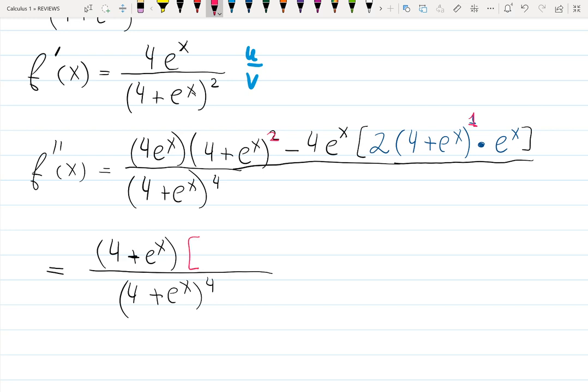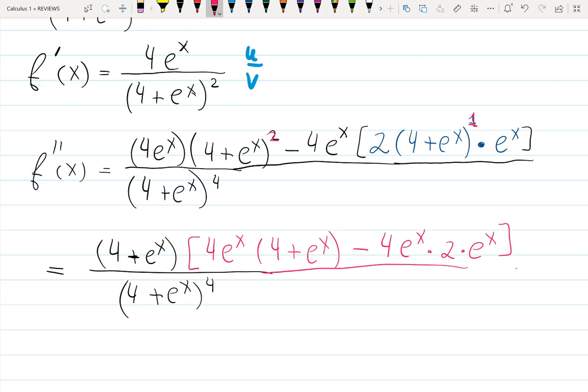What is going to happen after factoring this out? 4e to the x from the first term times 4 plus e to the x, minus 4e to the x times 2 times e to the x. Close the brackets, right? Seems like I did not miss anything. Now I can simplify this too thick.